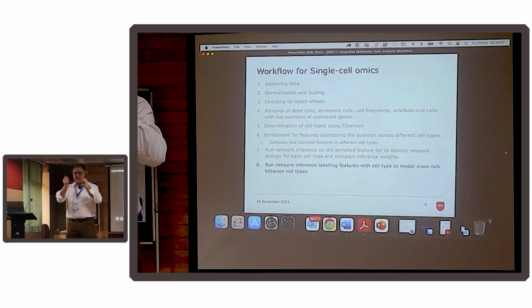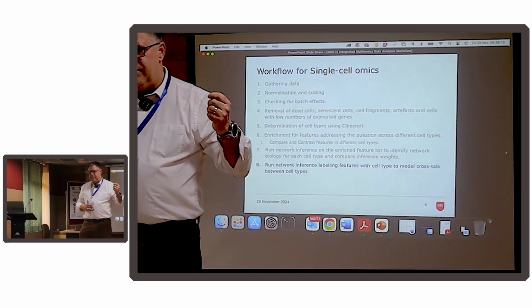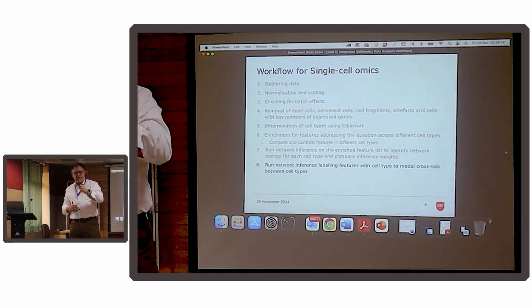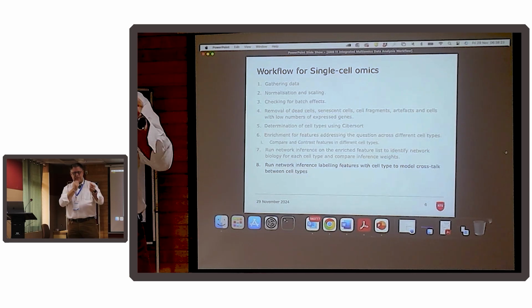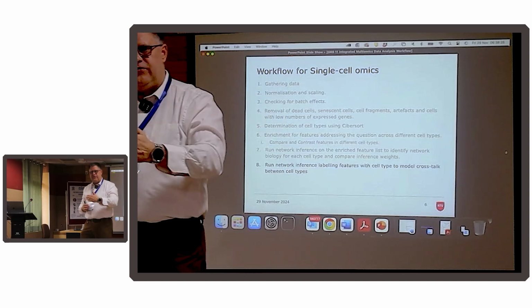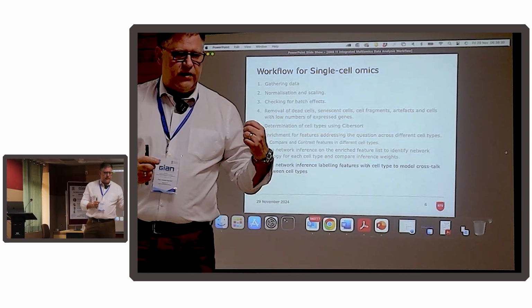What is the strength of interaction between a T cell expression of IL-10 and a stromal expression of EGFR? That's a simple example. But by labeling with position, we can start to look at tissue crosstalk and to see whether there is crosstalk between cell types.